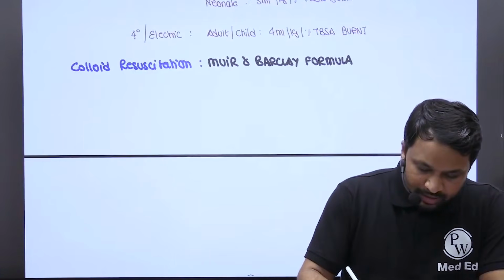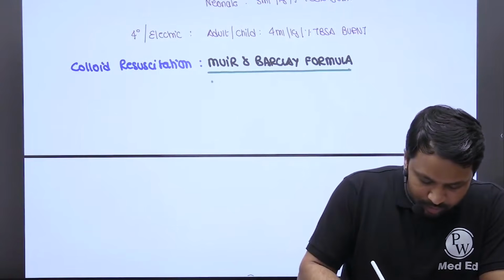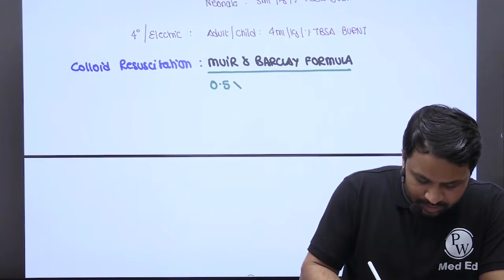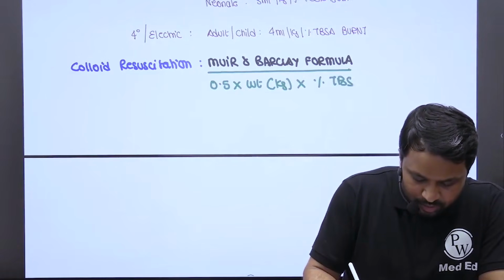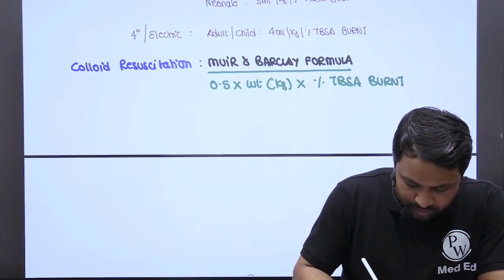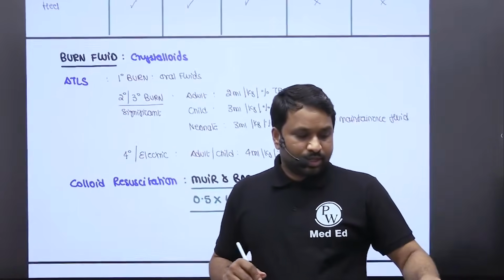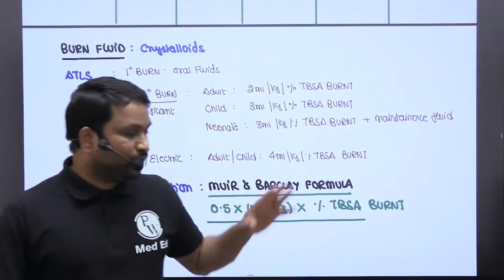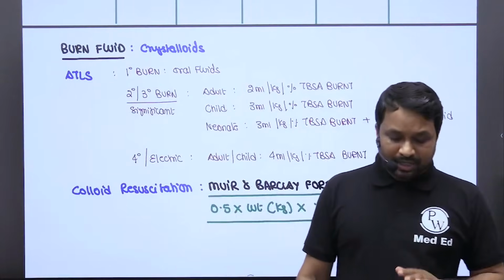It is going to be 0.5 into weight in kilograms into percentage of total body surface area burnt. So the burn fluid is calculated. For crystalloids, we use the ATLS formula. For colloids, we use the Muir and Barclay formula, right?